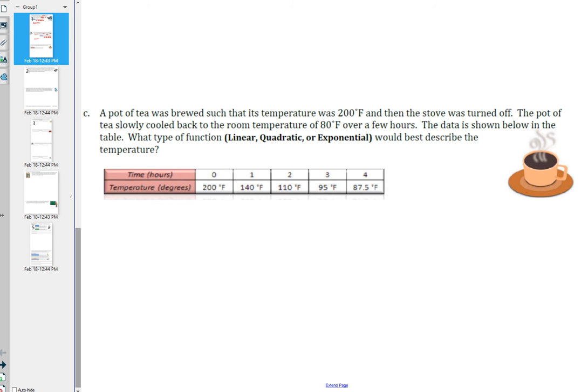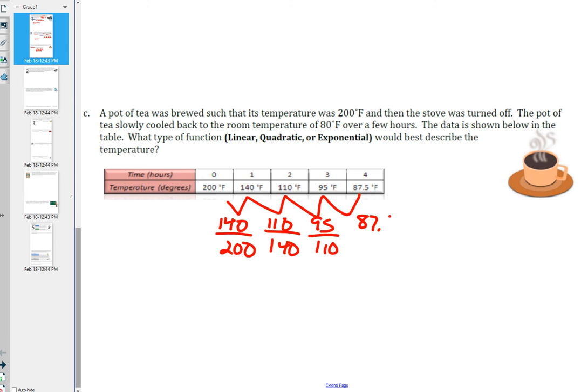You could take a look at that also by checking to see if there's a common ratio. So this would be 140 divided by 200, 110 divided by 140, 95 divided by 110, and 87.5 divided by 95. This cancels out. 14 divided by 20 is 0.7.